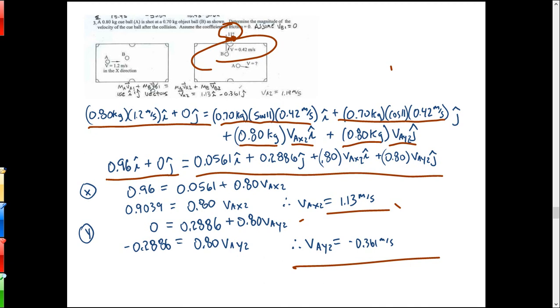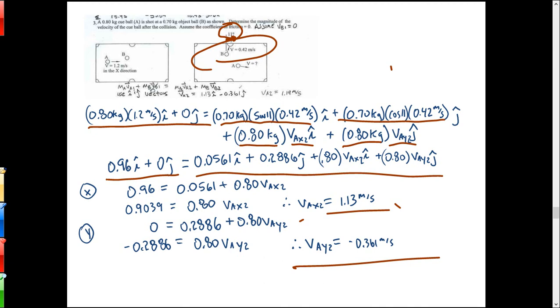We're doing all right with that? Okay. So that's a pretty straight up momentum problem there, just based on vectors. Just using trigonometry to break it up into x's and y's. So again, remember that work energy is a magnitude, momentum is a vector.